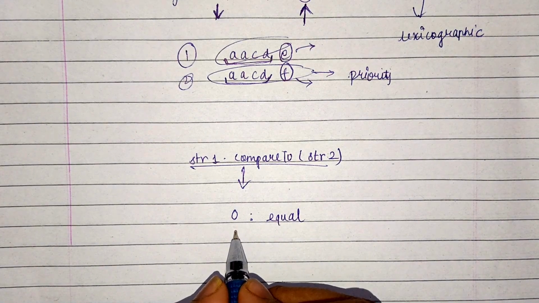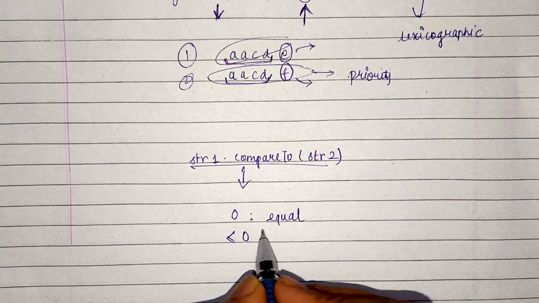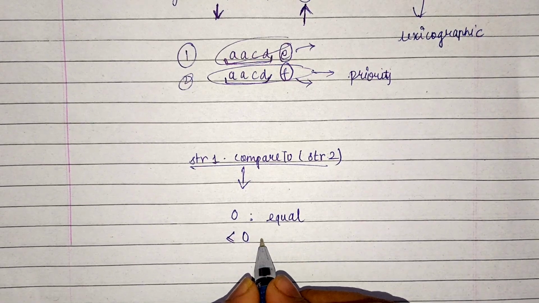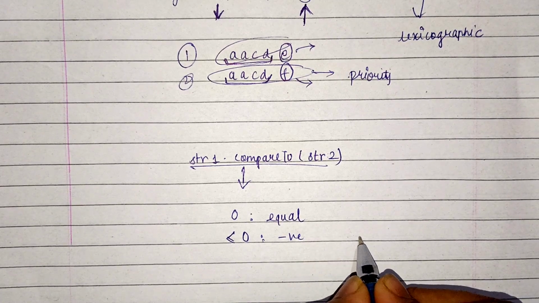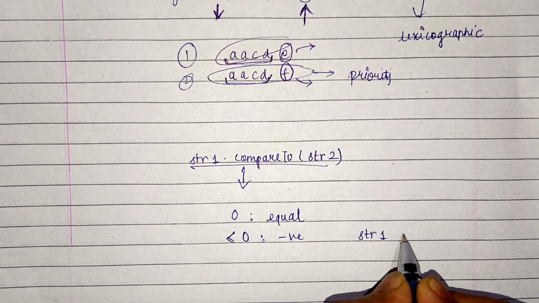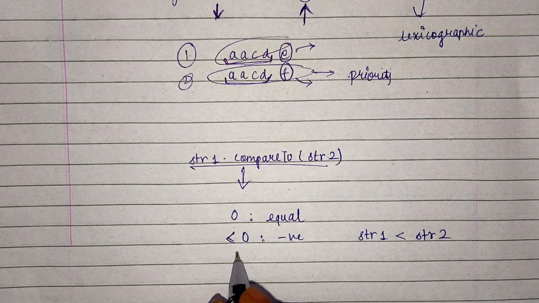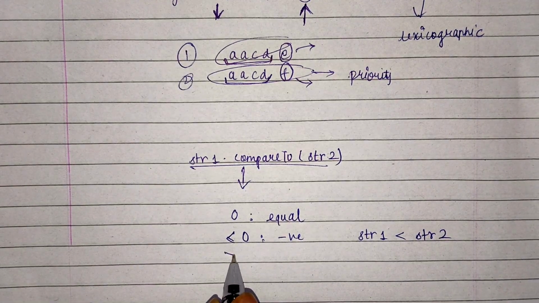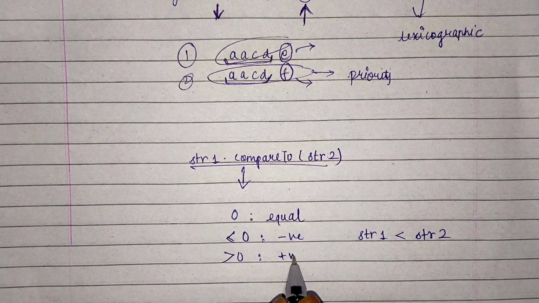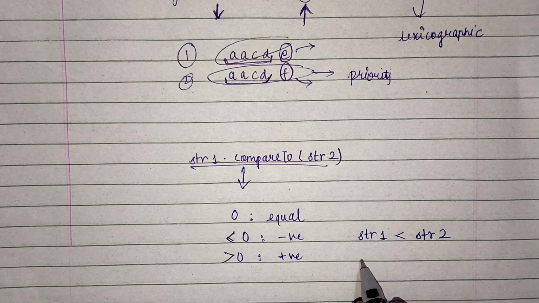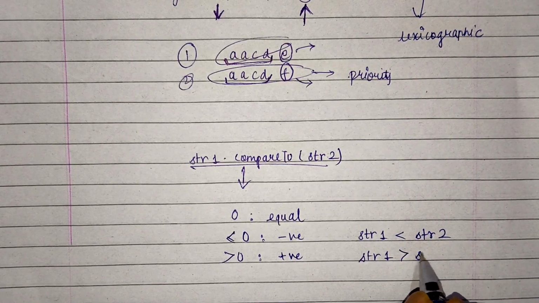If it is less than 0, it will be negative, meaning string1 is less than string2. If it is greater than 0, the output is positive, and string1 is greater than string2.